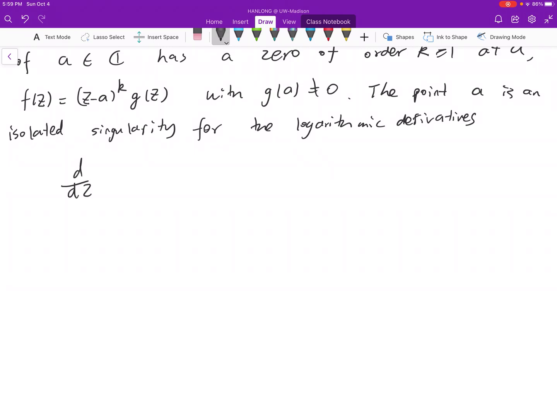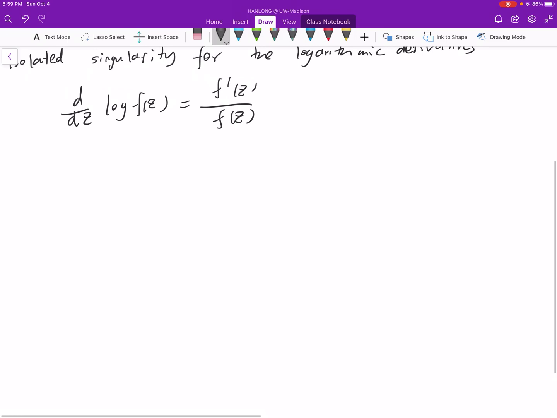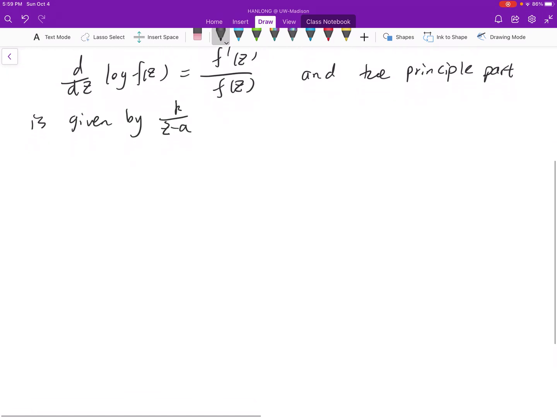d/dz log f(z) equals f'(z) over f(z), and the principal part is given by k over z minus a.